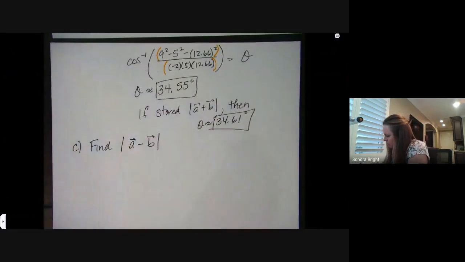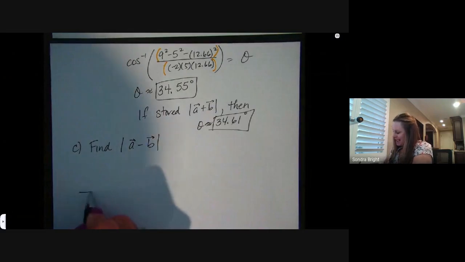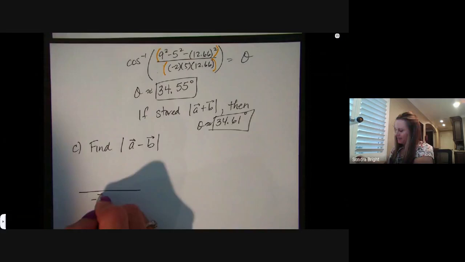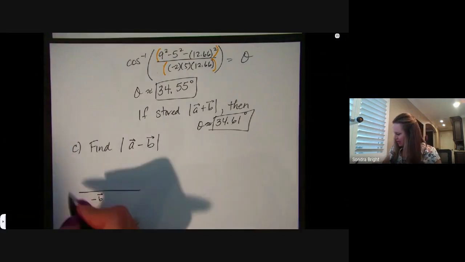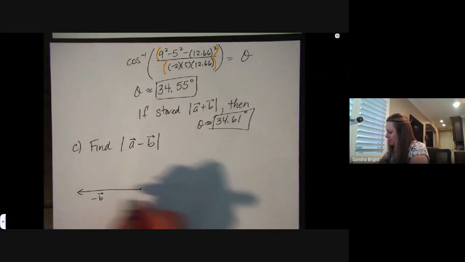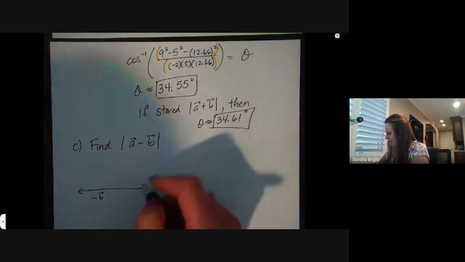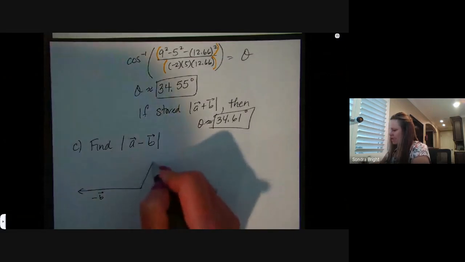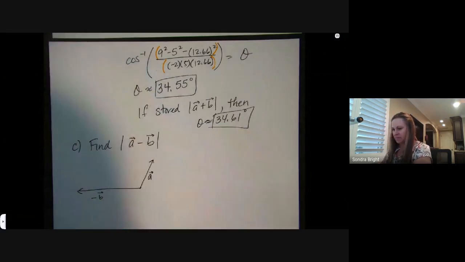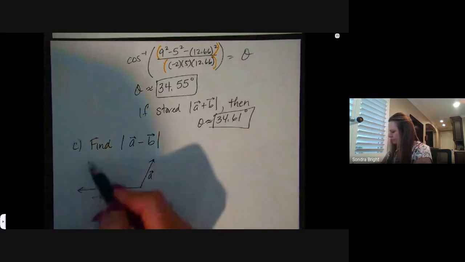I'll draw that again and do the same length, but now negative B is pointing this way, starting here but pointing in the opposite direction. Same length. A, I'm going to put it on its tail. There's A. I put them tail to tail, which means you'll finish off the parallelogram.